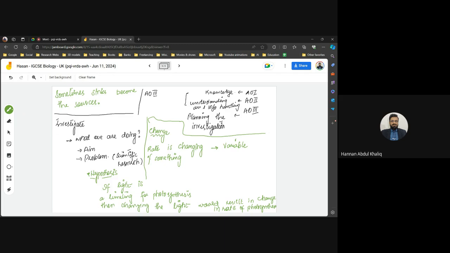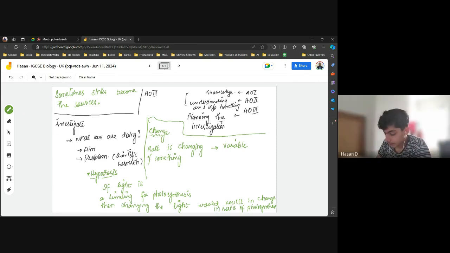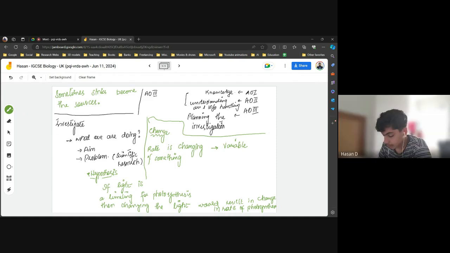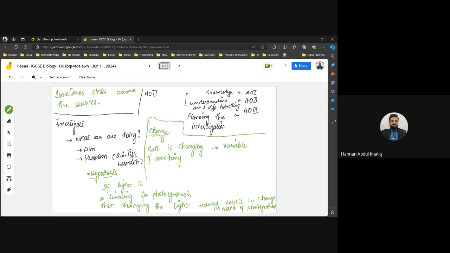Suppose in the statement below, what do you think is changing? The light, and the rate of photosynthesis, yes. So two things are clearly changing in this experiment. So we would say we have two variables.